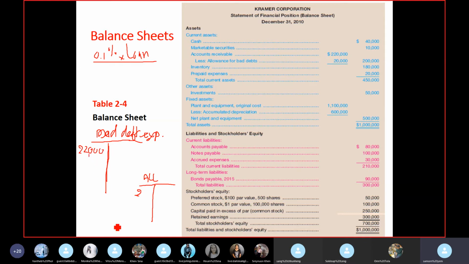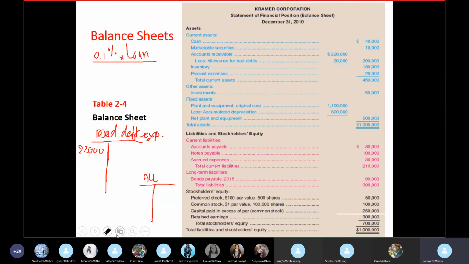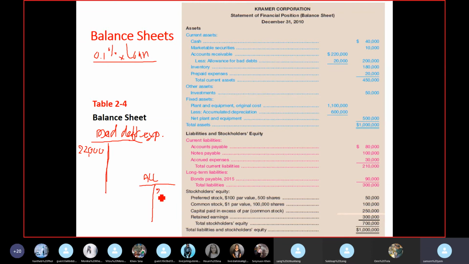No money has flowed out yet, it is only an estimate. This goes to the right side, 22,000, for example, at the beginning of the year, as allowance for bad debt.